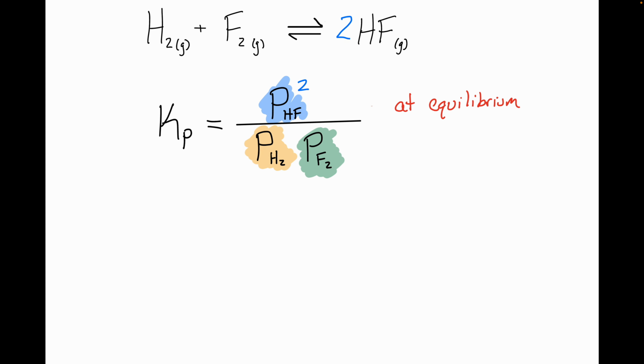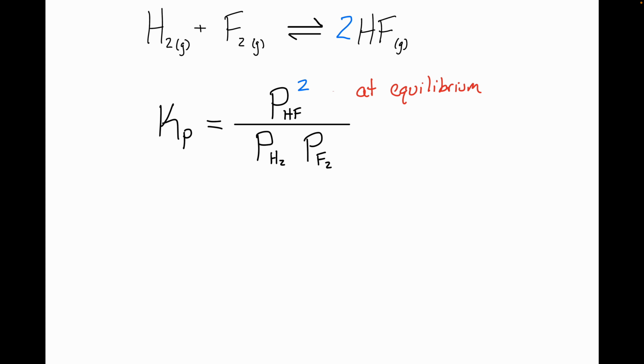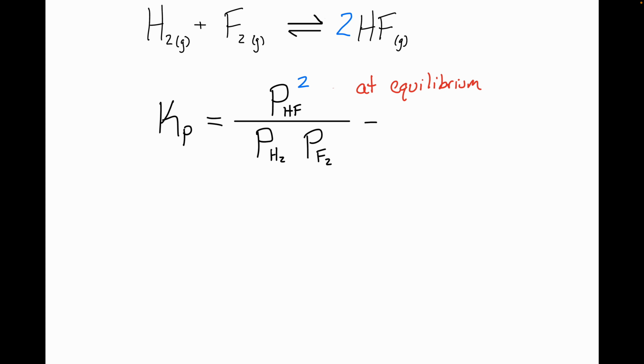All right, I'm going to get rid of these little markings here. Cool. And we said that that Kp, once we plug in these values that are at equilibrium, took on a certain value of 73.4. All right, that was given to us in our problem.